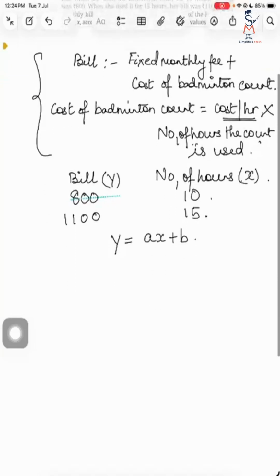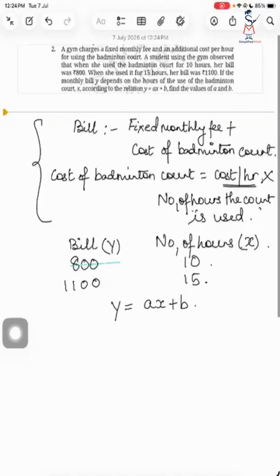Now what is Y? Y is the bill given. And X is number of hours.